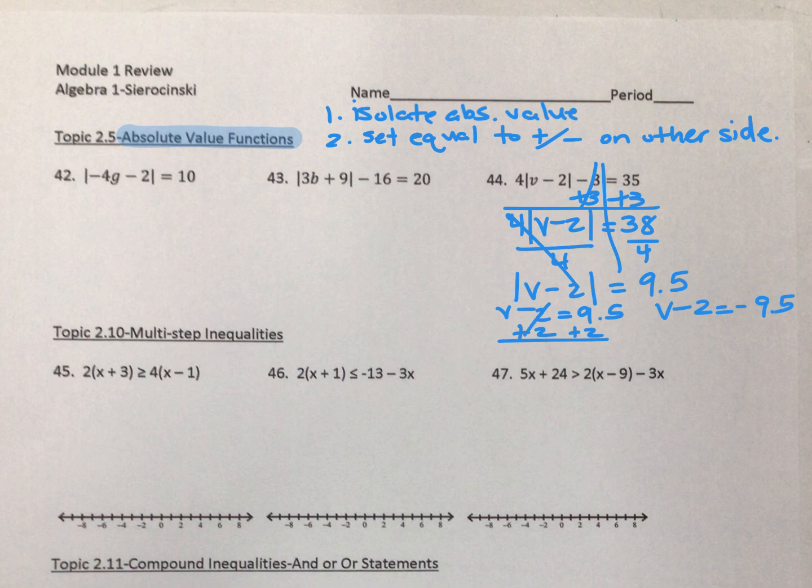Add 2. V equals 11.5. Add 2. V equals negative 7.5. Okay? Absolute value functions always have two solutions. So V equals negative 7.5 and positive 11.5.